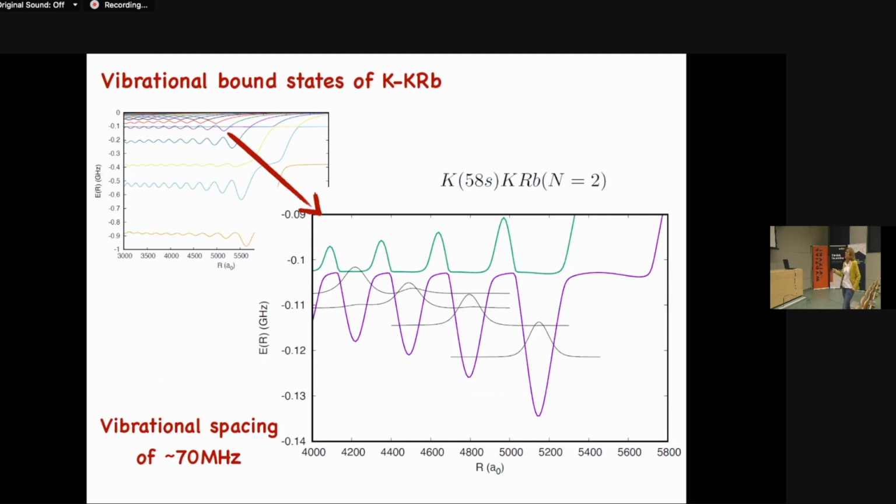Now we have a larger vibrational splitting and also a larger dipole moment, because many partial waves of the Rydberg electron are contributing. That will be good for the experimentalists because they could photoassociate here and create this molecule.